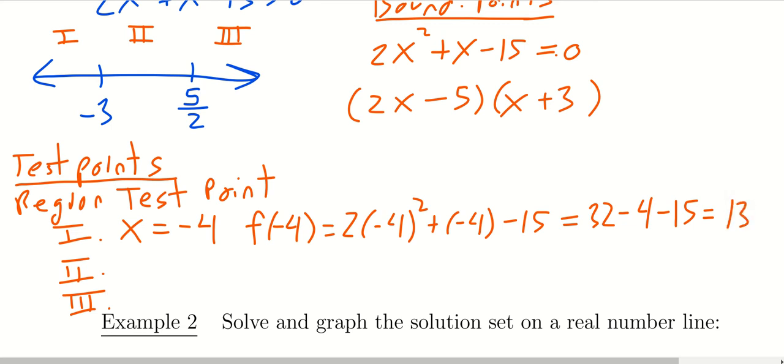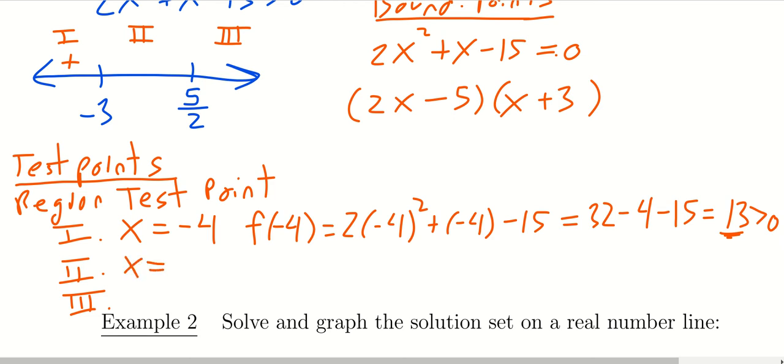At this point, when it comes to the test points, we don't really care so much what the actual value is. We're more concerned with the sign of it. 13 is greater than 0, which is a positive value. So in region 1, the f of x values are always going to be positive. Let's test region 2.